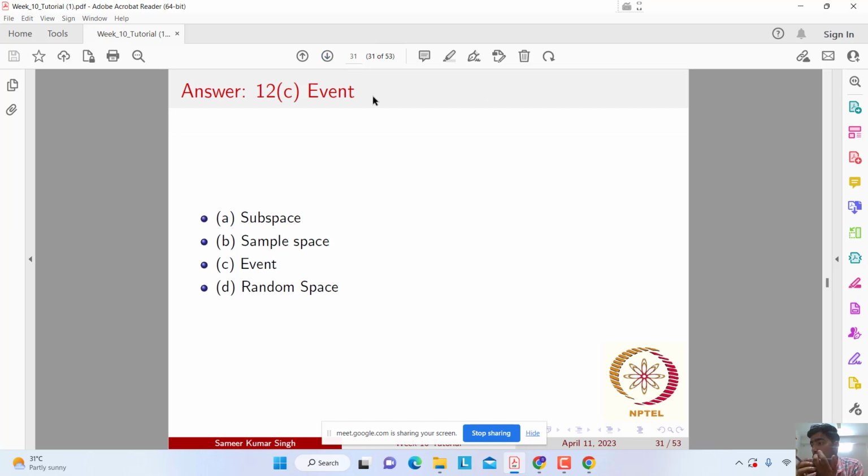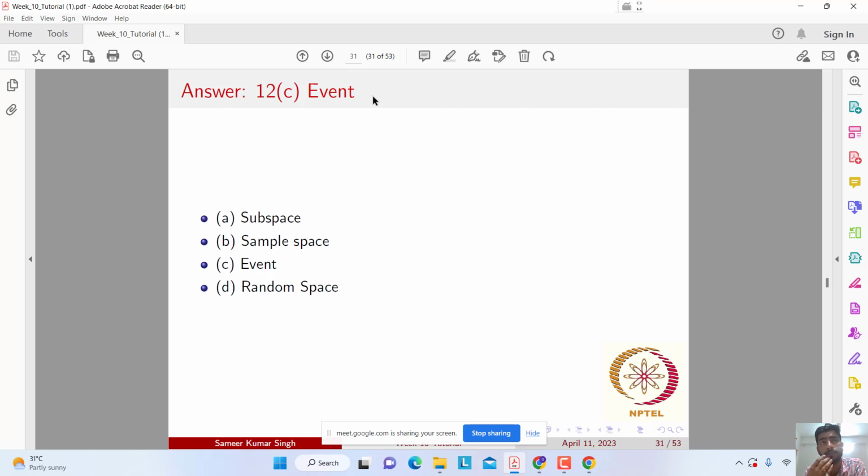Okay, so what is the difference? Suppose we are throwing a dice. What outputs are we getting? 1, 2, 3, 4, 5, 6. That is called our sample space. Now we are taking the even numbers of the dice.